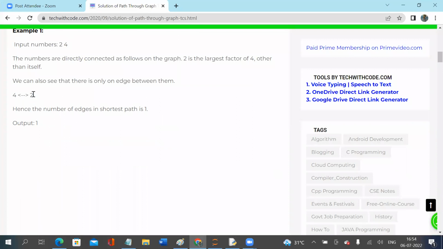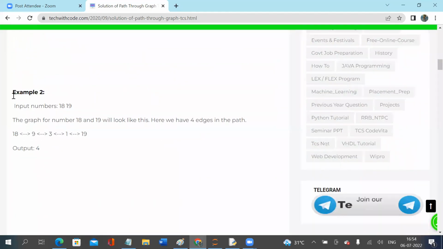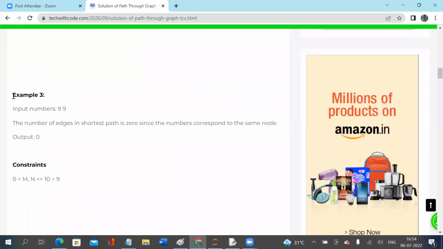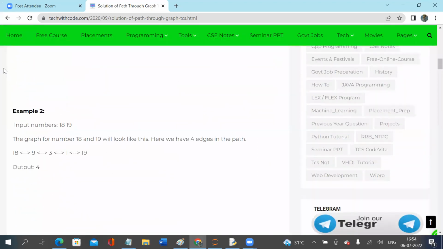That is, if the second number is the largest factor of the first number, return 1. Both are the same, return 0. Otherwise, you get factors of 18 and factors of 19. Common factors are considered only once. Put everything in the list and print the length of the list minus 1.